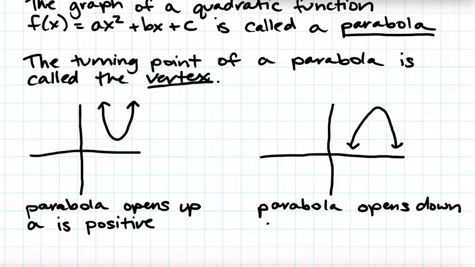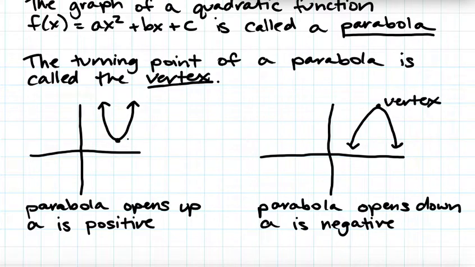And that happens if the leading coefficient a is negative. So if it's opening downward, the vertex is going to be the highest point of the parabola. And if it opens upward, the vertex is going to be the lowest point of the parabola.